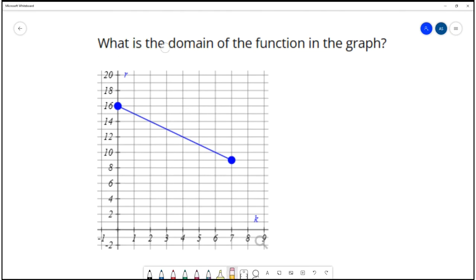On this question, we want to find the domain of the function in the graph. So we're given the graph of a function, and we want to find the domain. The domain is the set of all first coordinates.